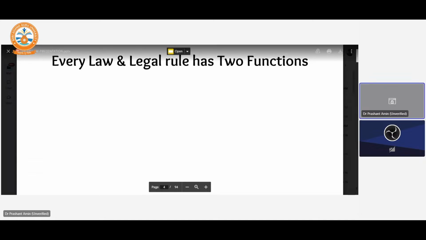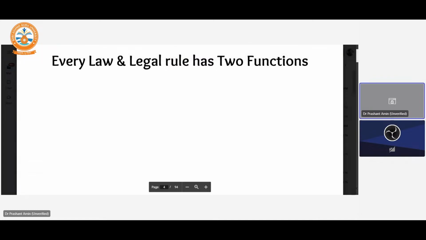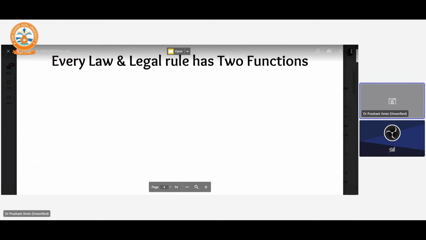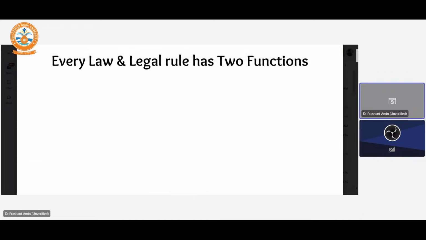I'm not able to grab this particular PPT, it's showing blank, but every legal rule has a command as well as sanction. Law has two elements, one is a command and one is a sanction.